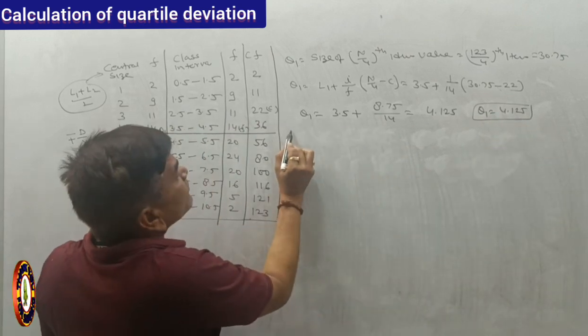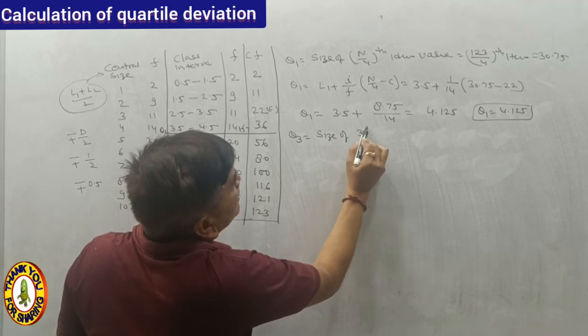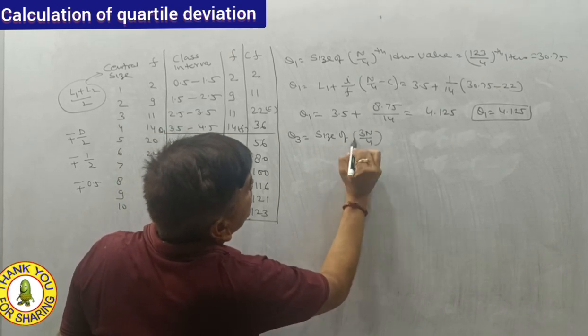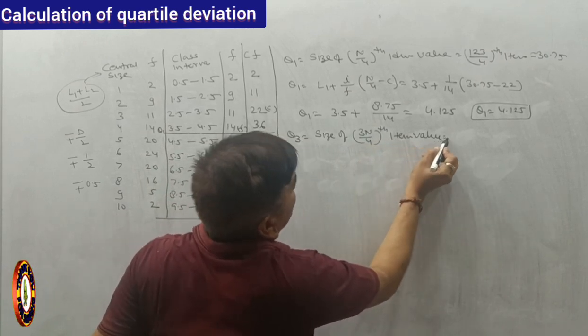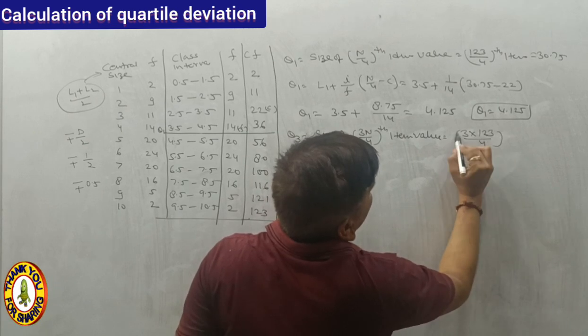Now we will calculate the value of Q3, that is the size of 3n by 4th item value. That is 3 multiplied by 123 upon 4th item.